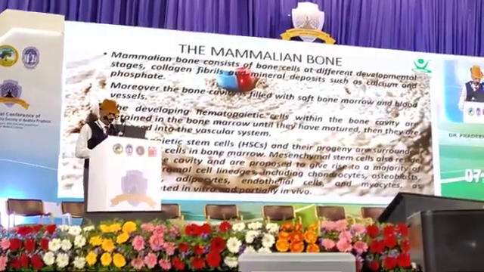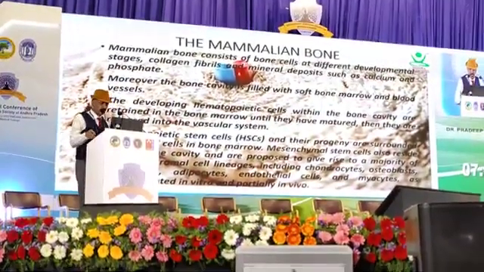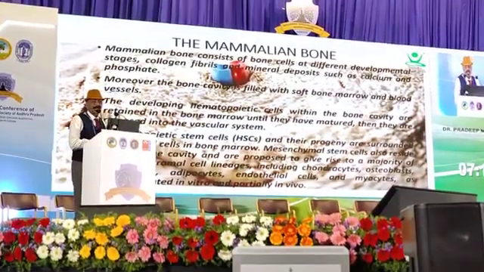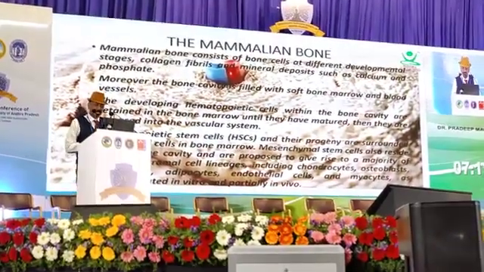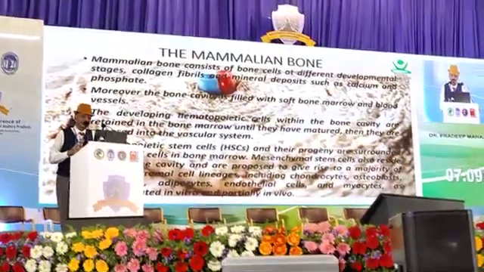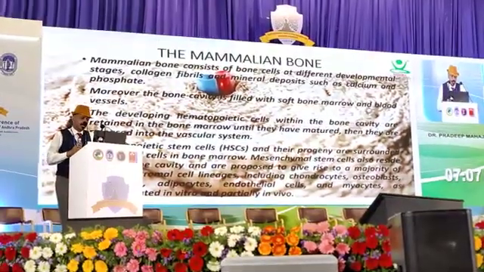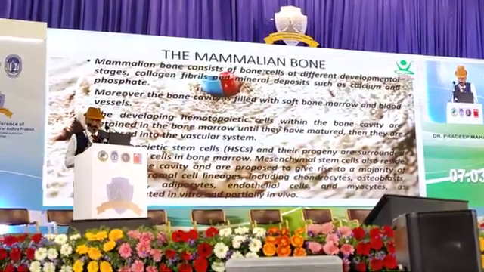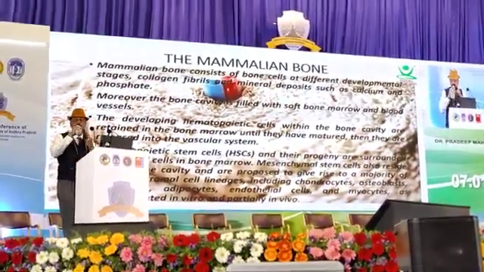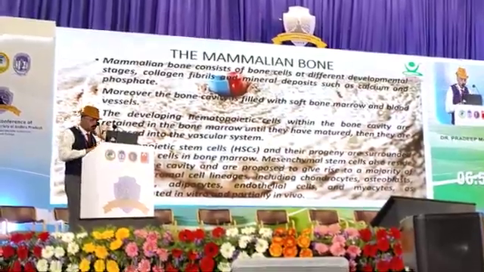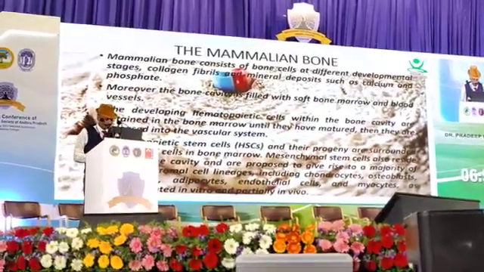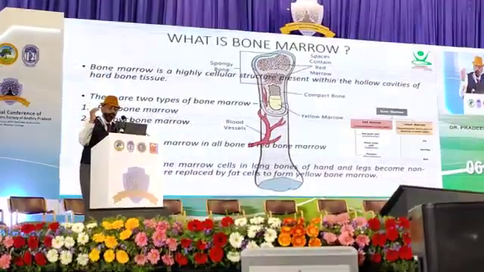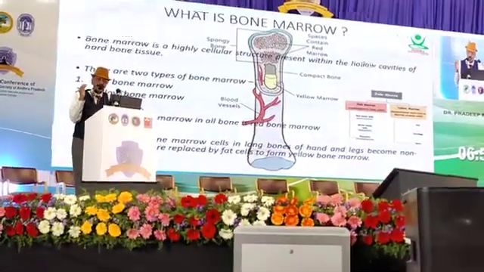In mammalian bone, which represents the structure I have shown, in the center are the vessels, and surrounding are the minerals like calcium and phosphate deposited along with the collagen, and the developing hematopoietic system comes in the center of the bone marrow where the spongy bone is there. There is yellow bone marrow and red bone marrow.